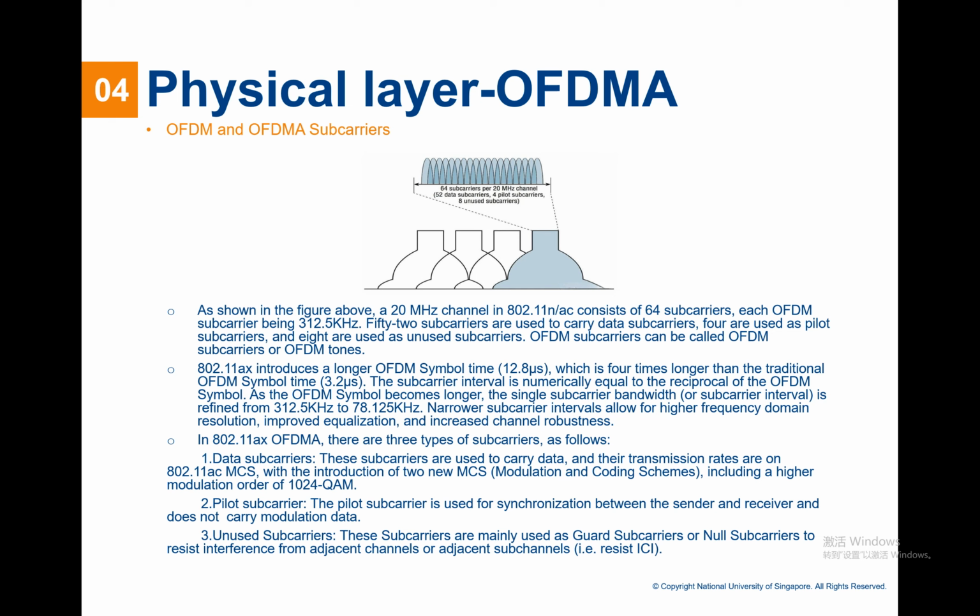Number 2 is called pilot subcarriers. This kind of subcarrier is used for synchronization between the sender and the receiver, and does not carry modulation data. Number 3 is called unused subcarriers.